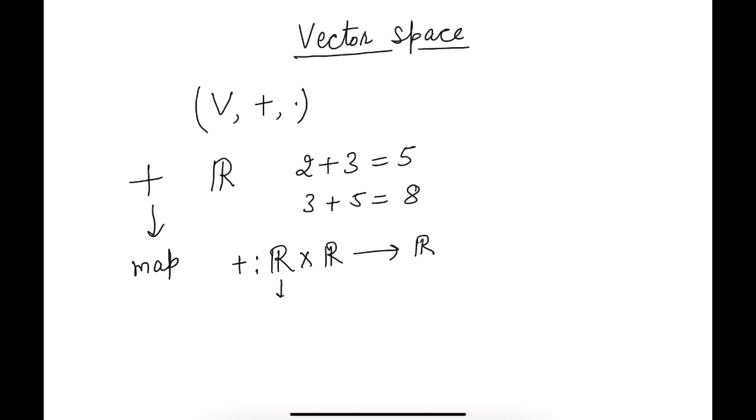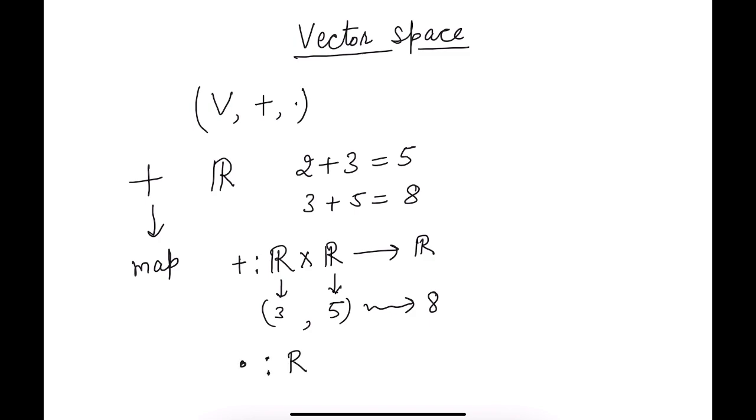Here, the number 3 is a member of R, and 5 belongs to R, meaning these are two real numbers, and 3 and 5 map to the number 8, which is also a real number. Similarly, dot is also an operation.